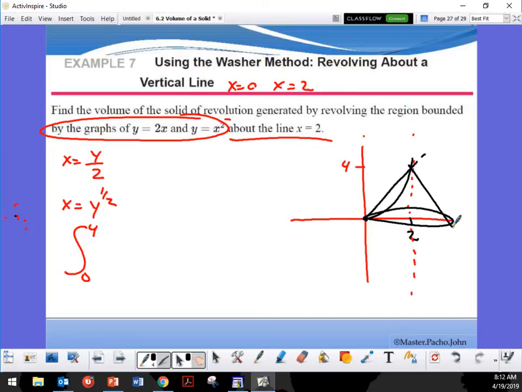It would start from 2, right? Okay, and it'd be 2 to what? No, because remember the radius is going to change depending on the function, right? And because I only want the volume of the whole thing, right? Okay, so it's going to be the outside minus the inside.